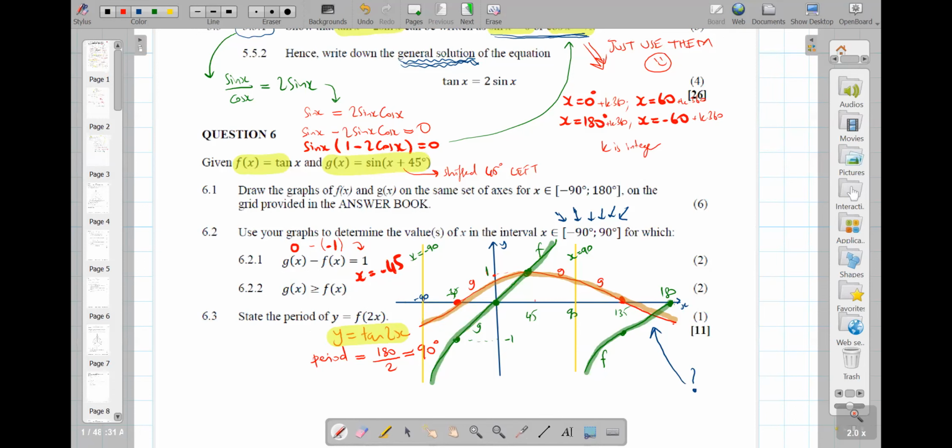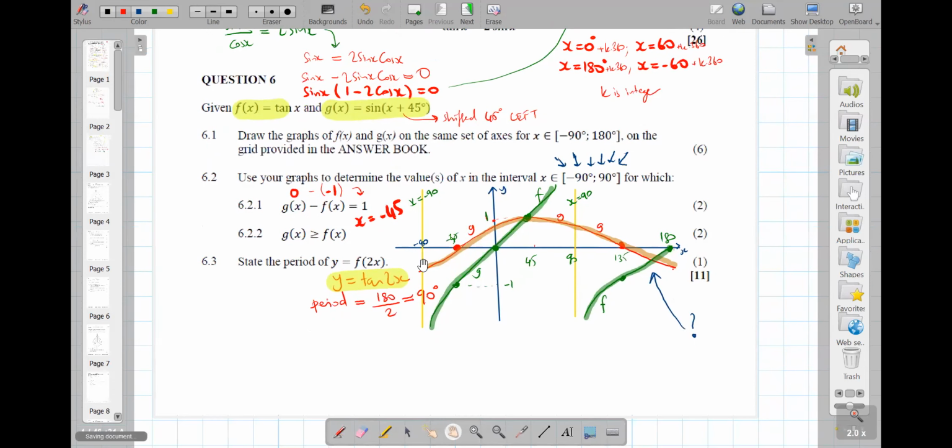And then the other one is, that's why actually they restrict the domain, because we will just look at where G is above F. So in your graph, red above green. Red above green from minus 90. Okay, what could be tricky here?